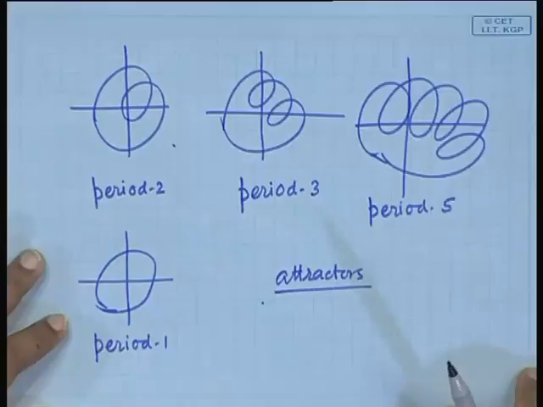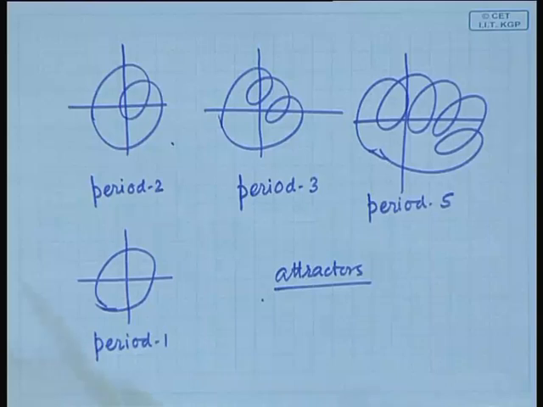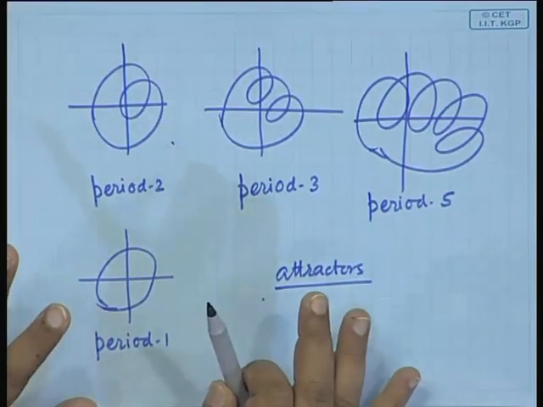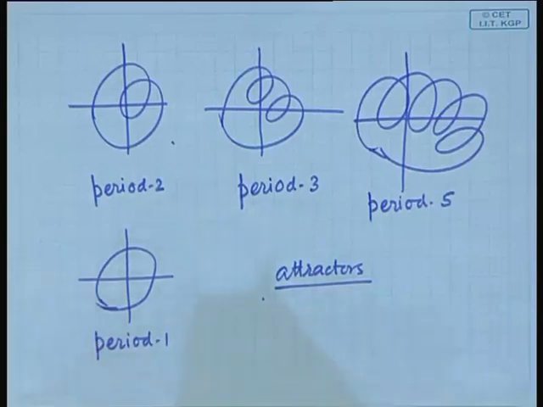But then, if you can have orbits like this, period 1, period 2, period 3, period 5, why not period 16, period 28, period 73, period 135? Is there anything to stop it? No, at least not mathematically. So, if you extrapolate that argument, then you reach the conclusion that there is no limit to the periodicity of an orbit.